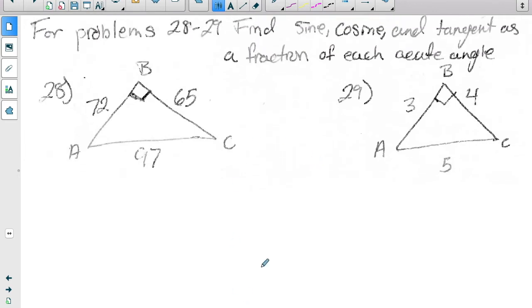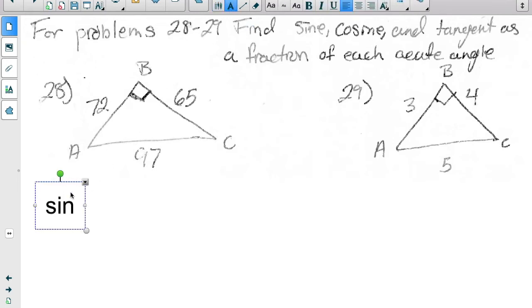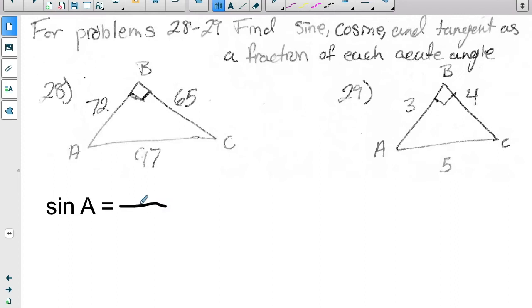Okay, now that brings us to our 28 and 29. Find sine, cosine, and tangent as fractions of each angle. So what they're talking about here is we're looking at sine of angle A. Well, sine is opposite over hypotenuse.